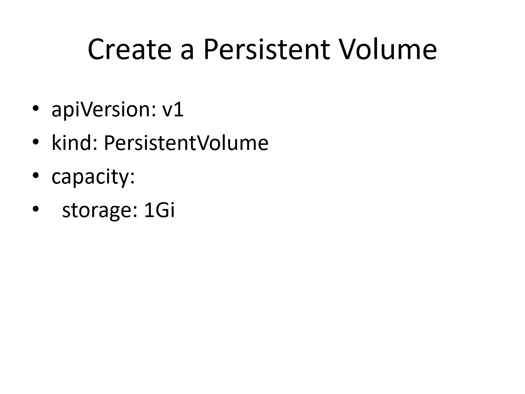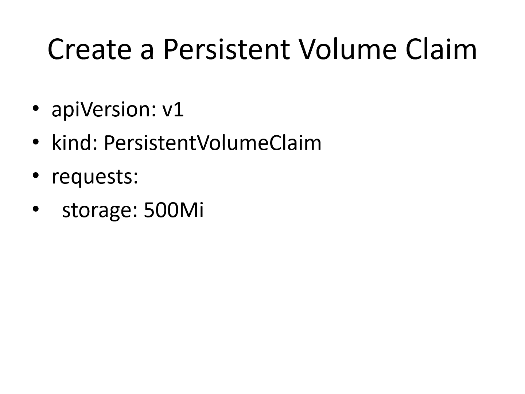And then we mention the capacity, and the child element will be storage. The storage should be 1 gigabyte. Once the YAML file is ready, we have the command kubectl apply -f pv.yaml, which will create the persistent volume.